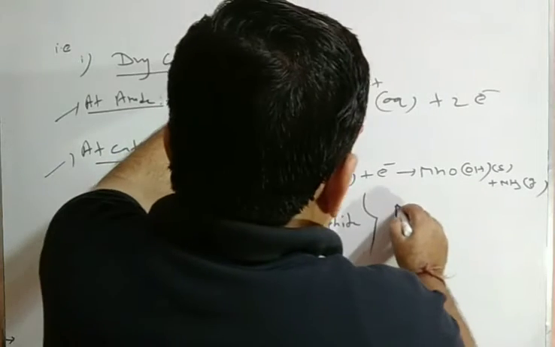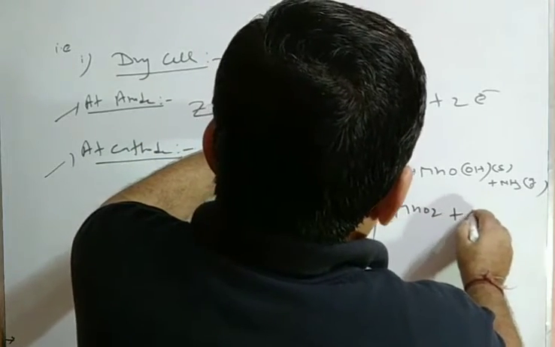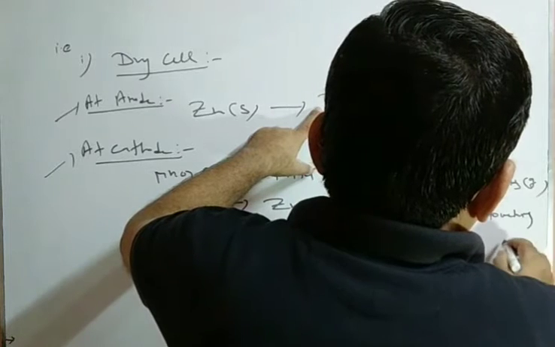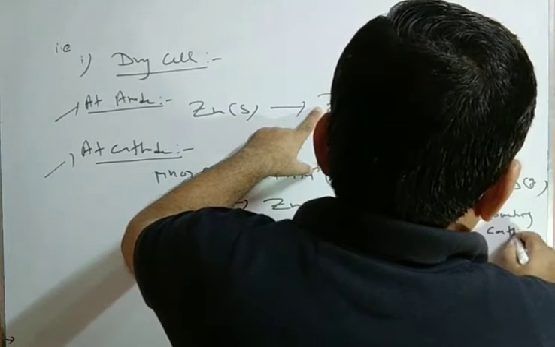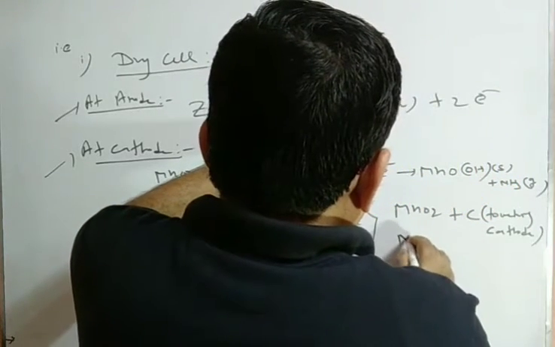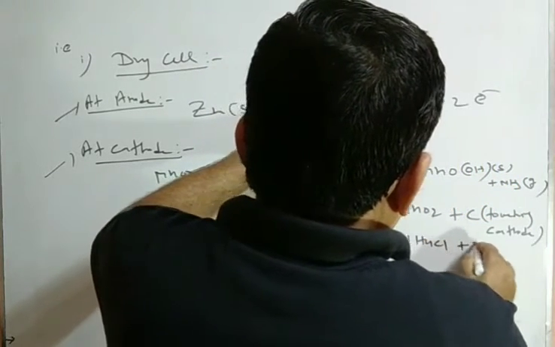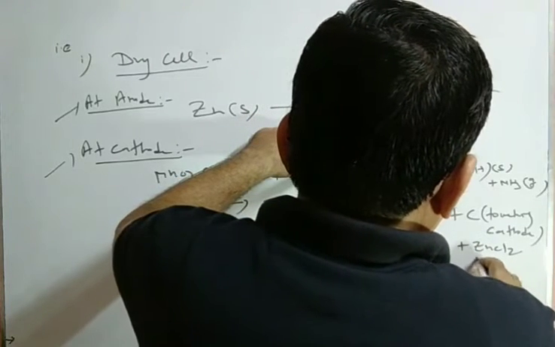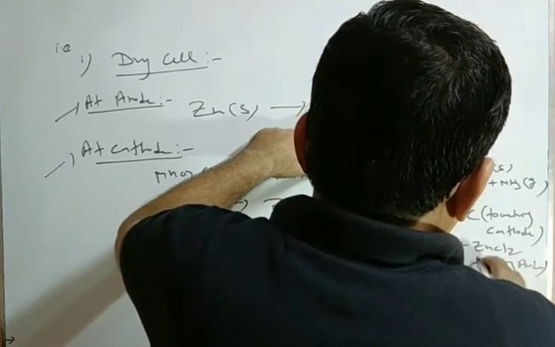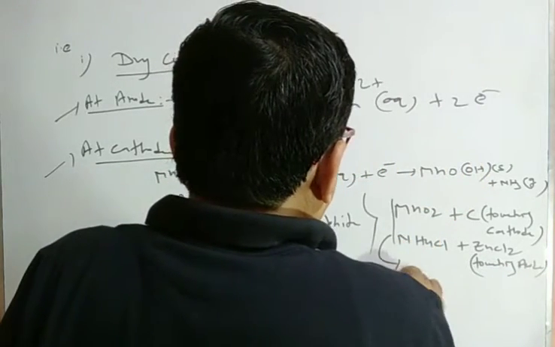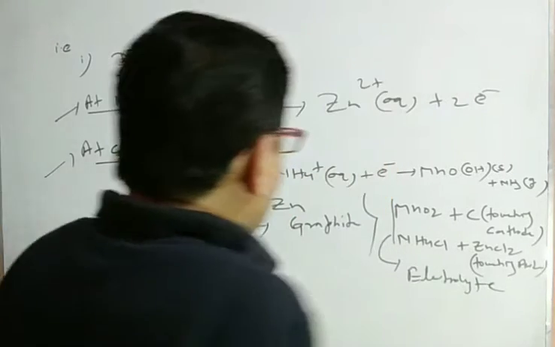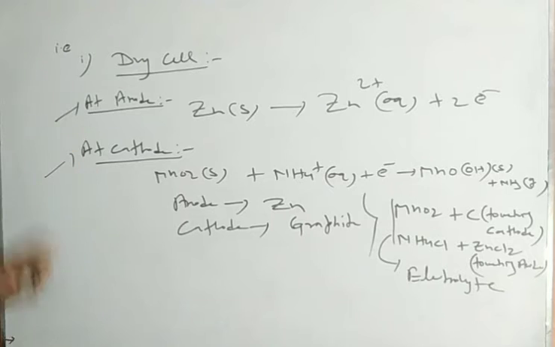Generally, MnO2 plus carbon is touching the cathode, and ammonium chloride plus zinc chloride is touching the anode. This type of electrolyte is used in a dry cell.